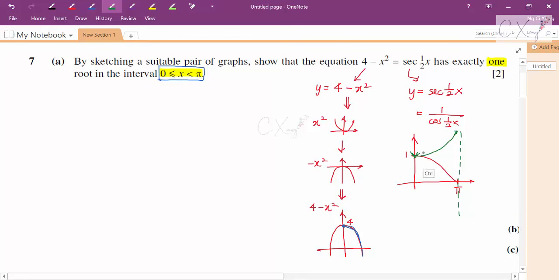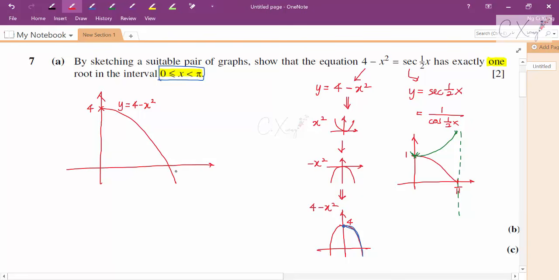If you combine these two graphs together, generally our final graph will look something similar like this. Maybe we are having a 4 here. You can label this as y equals to 4 minus x squared.